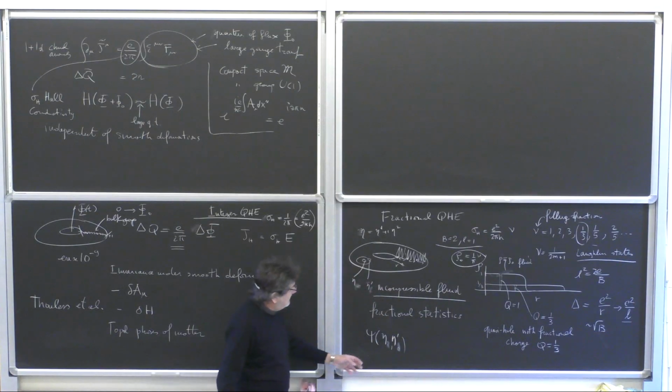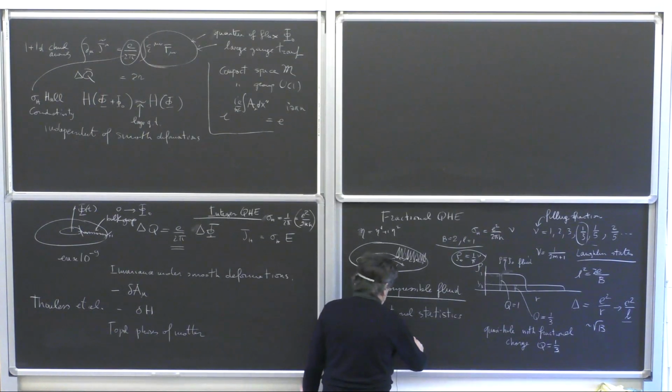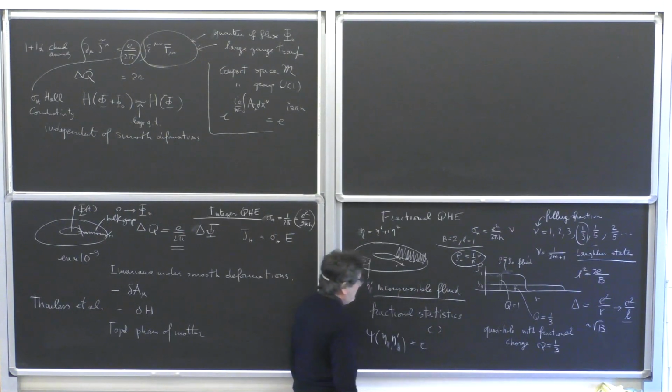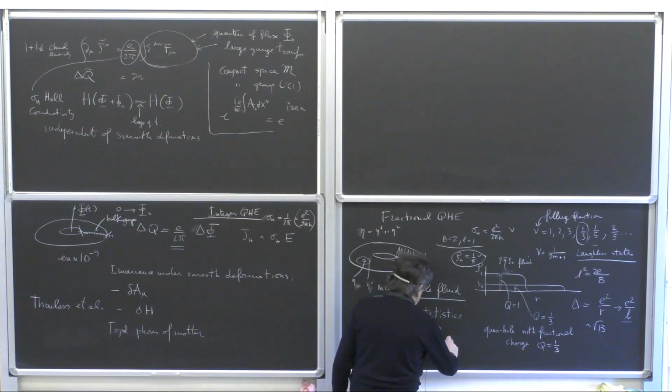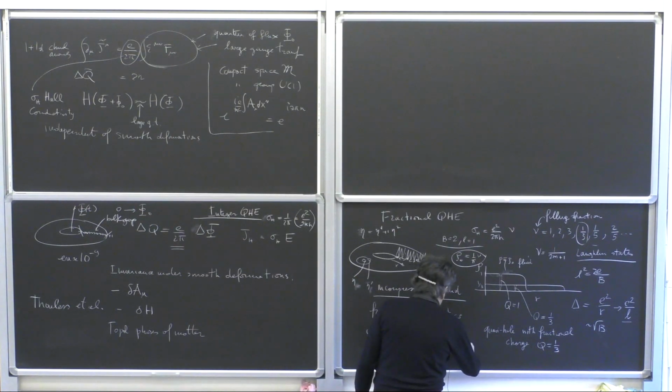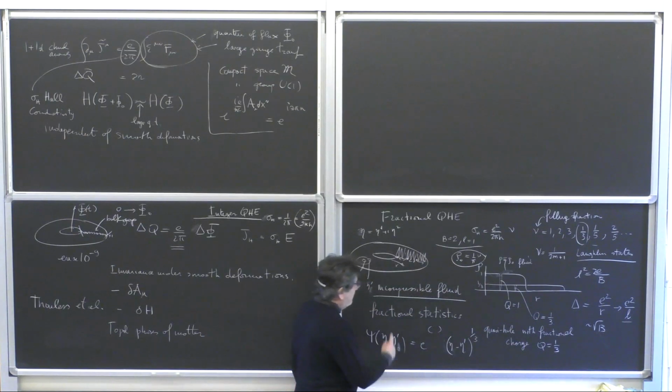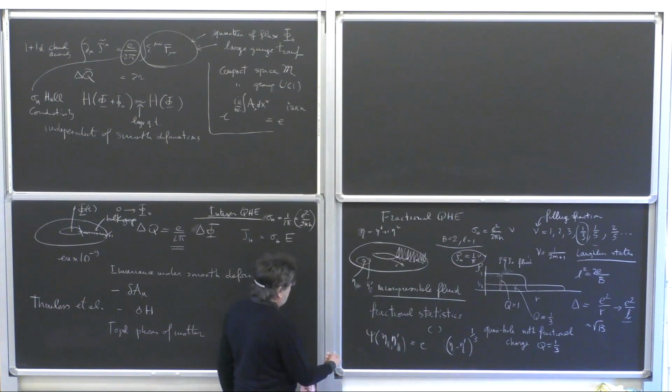We remember there is a prefactor which was some exponential, then there was an analytic function, and this has a factor (eta minus eta prime) to the one-third, so that if you rotate one around another, you get a phase.